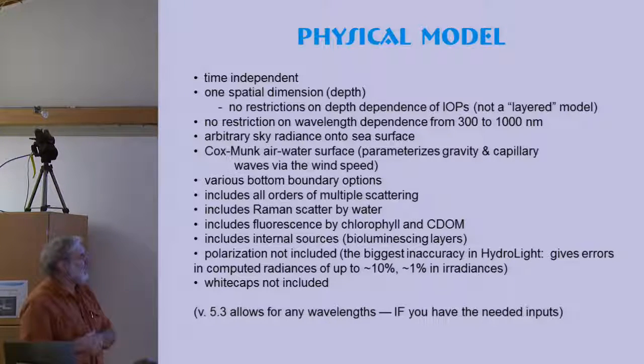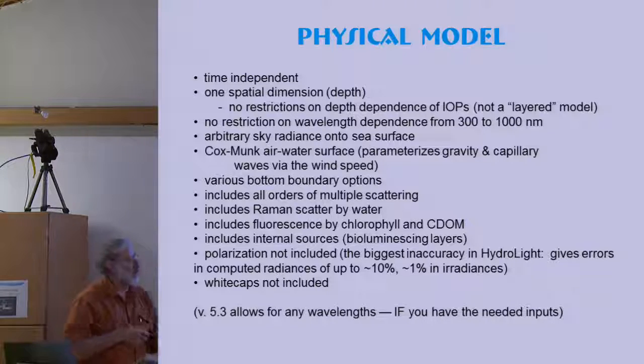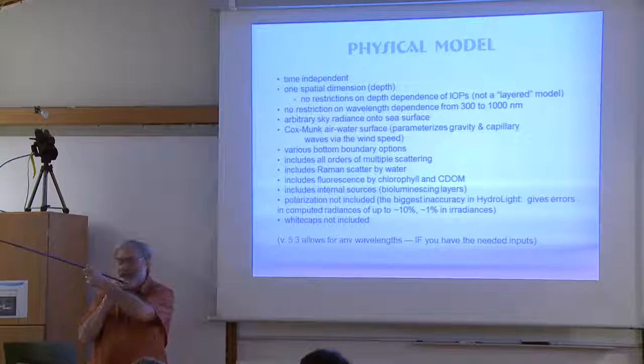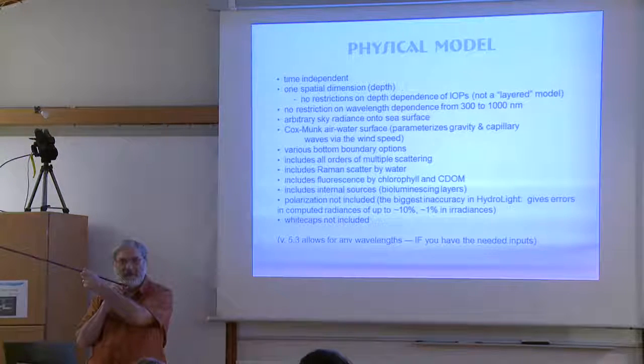The biggest inaccuracy in Hydrolight is that it does not include polarization. So generally, if you look at the radiances in Hydrolight, in this direction maybe the radiance is 10 or 15% too big, and in that direction it's maybe 10 or 15% too small.